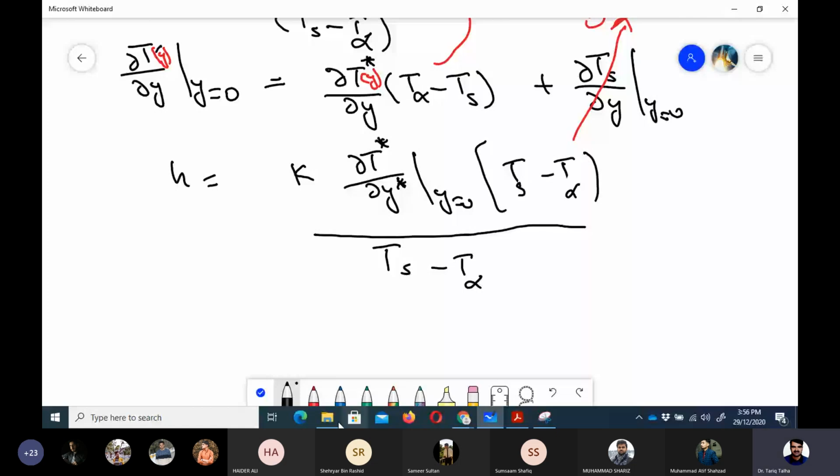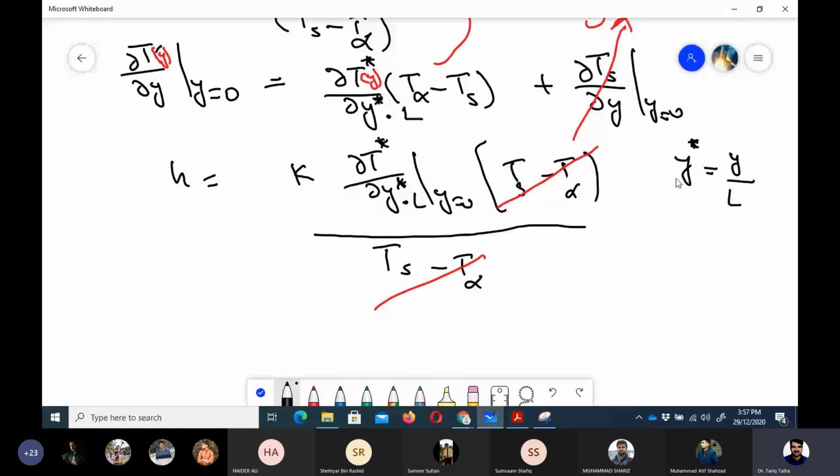And then, one thing I have missed here, maybe you haven't noticed: I have written partial T by partial y here. When I need to put y star here, I need to multiply by L also, right? Because y star is basically equal to y upon L. So when I put partial T star, that is okay.